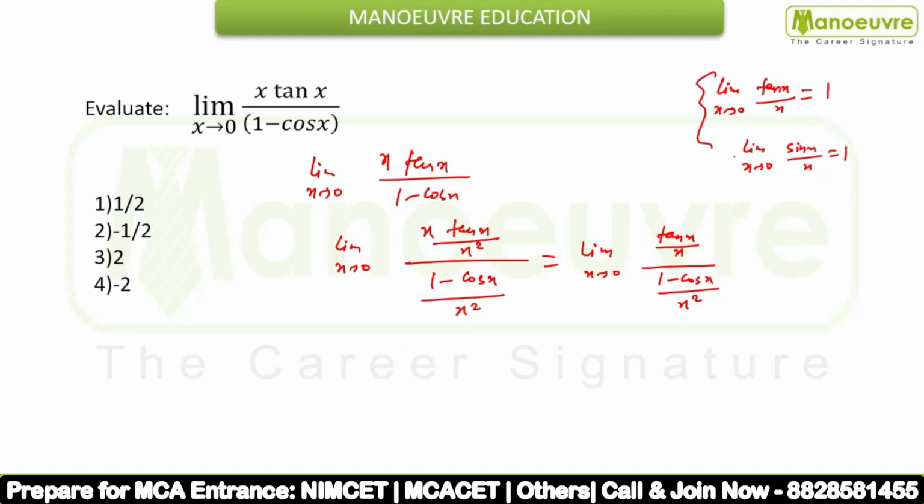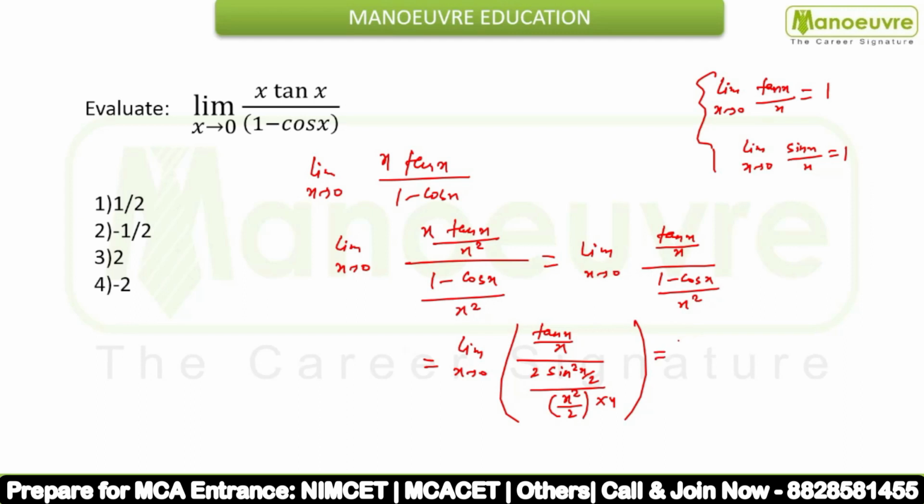If you know this formula, you can apply here and you will get limit x tends to 0, tan x upon x upon 1 minus cos x, which can be written as 2 sin square x by 2, and here we can write x square as x square by 2 into 4. When you cancel these, it will easily cancel, and again you will get this value.